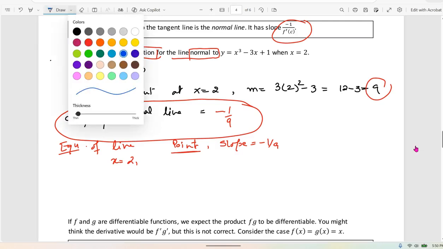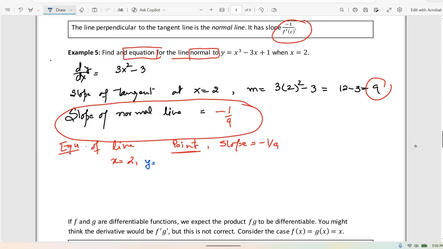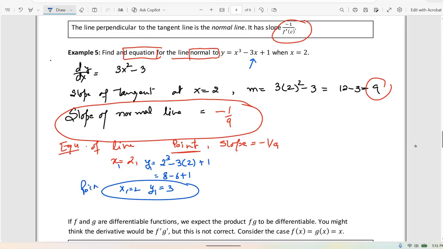What is y? Y we can find by putting 2 in here. So 2 cubed minus 3 times 2 plus 1. Let's write it as x1 and this would be y1. 8 minus 6 plus 1, 2 plus 1 will be 3. So y1 is 3 and x1 is 2. That is your point.